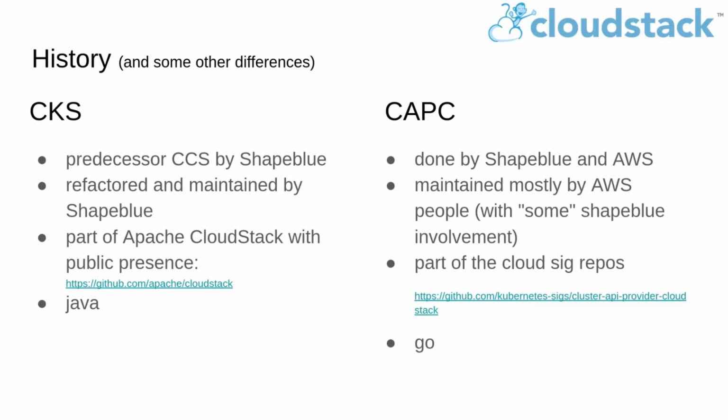So they, in cooperation with us, made the CAPC implementation. It's now mostly maintained by AWS people. It's not part of CloudStack. It's a separate project inside the Kubernetes community. And of course, it's written in Go, as most of these things are written.